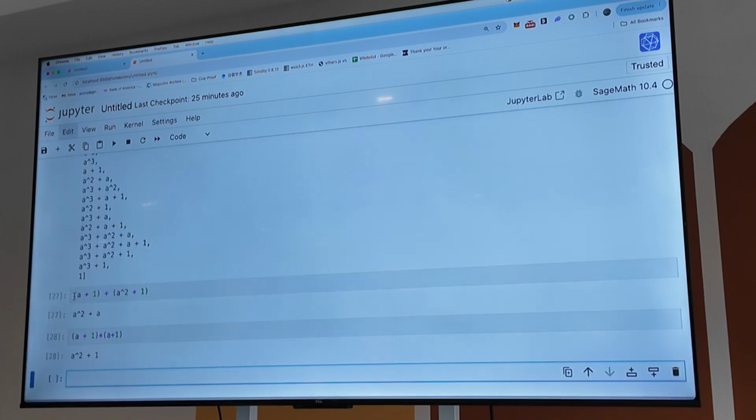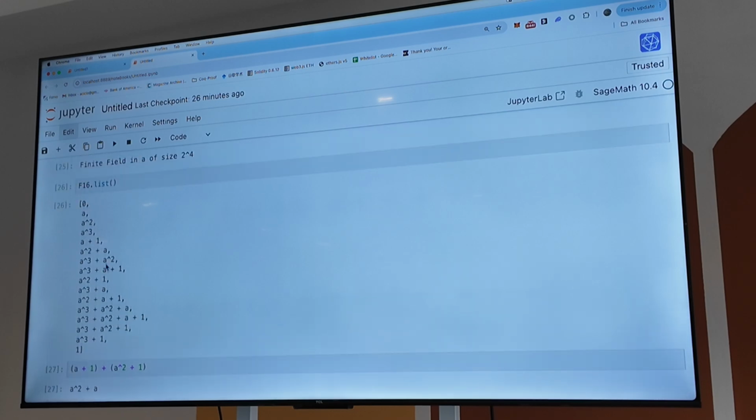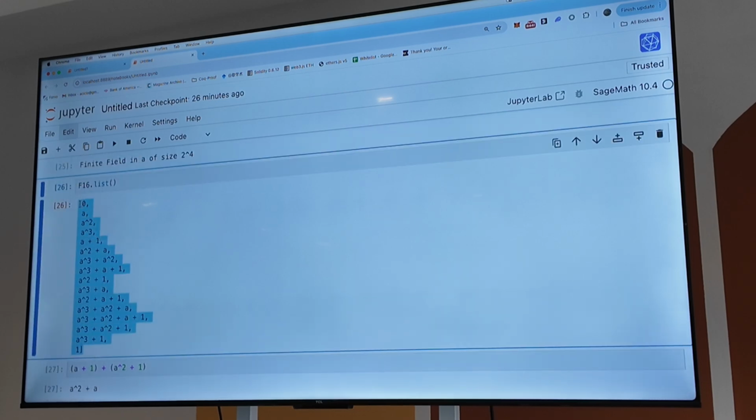But the polynomial multiplication is not the whole story, because when we multiply two polynomials, the degree of the result will be the sum of the degrees of the operands. But you can see that in F16, the highest degree of an element is only 3. So how about we multiply these two elements together?